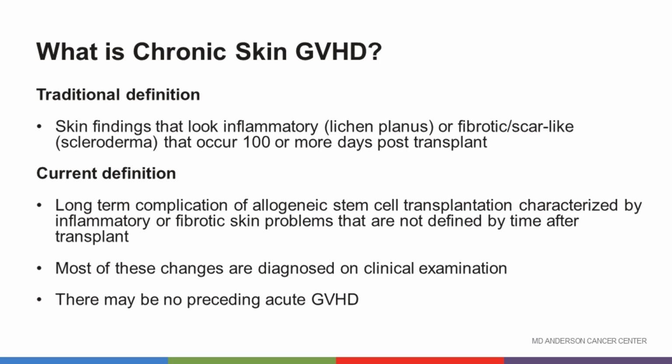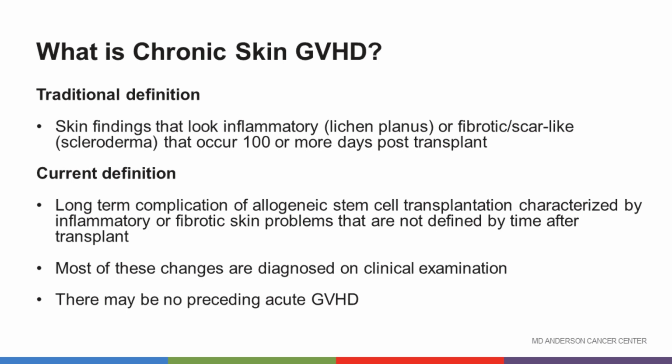So inflammatory skin changes may look like skin changes we see outside the setting of transplant. And one of the diagnostic findings we can see, and I'm going to show you pictures of this, is something called lichen planus, which refers to purplish bumps or papules on the skin. And some of the fibrotic and scar-like changes can look very much like the changes of scleroderma, which is a type of connective tissue disease.